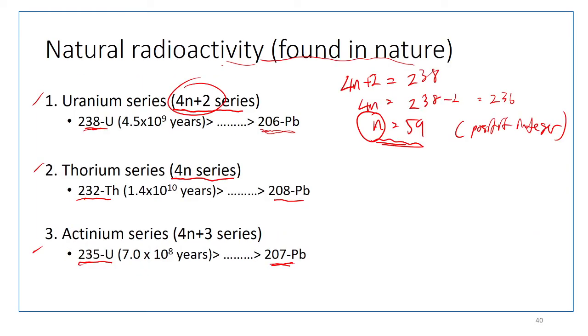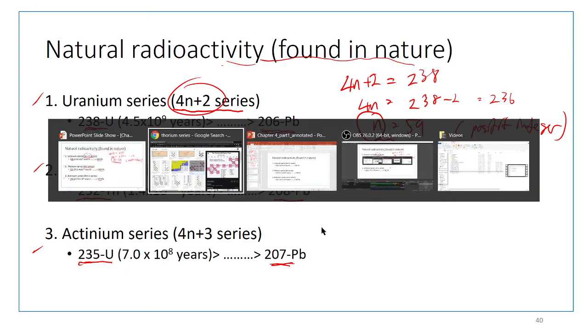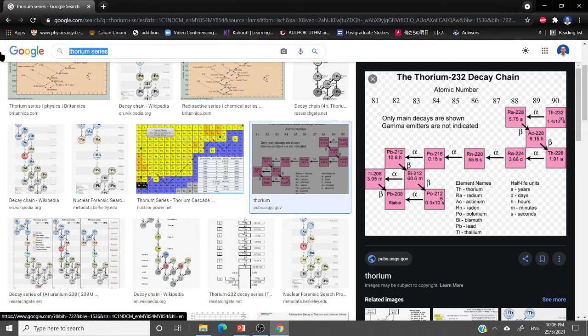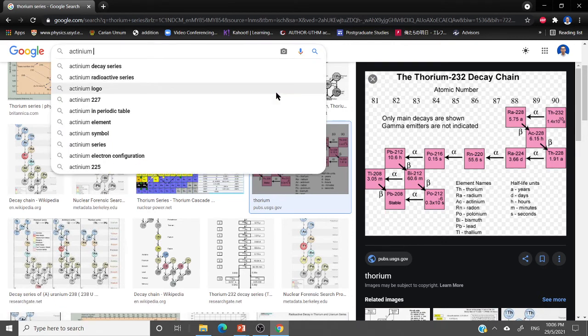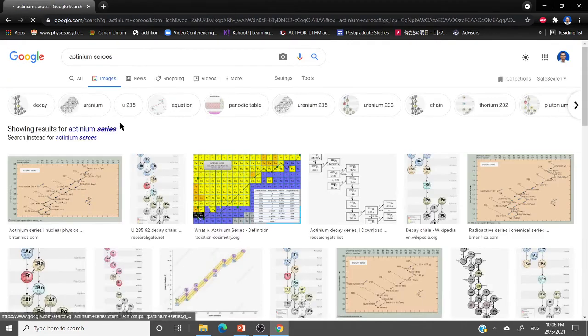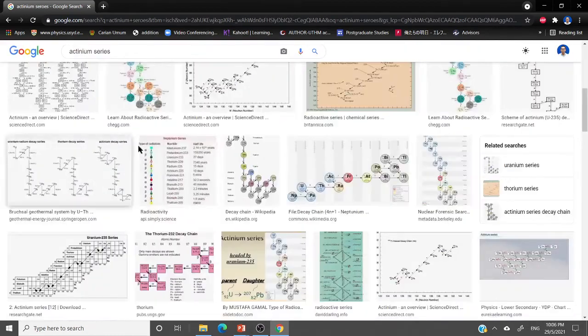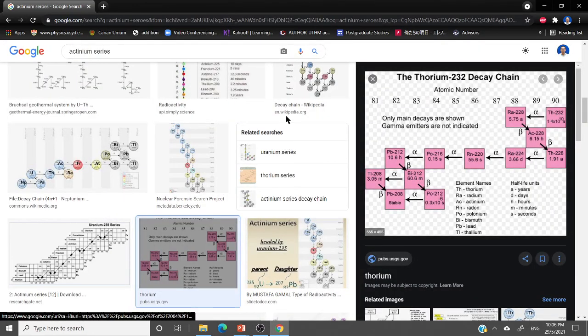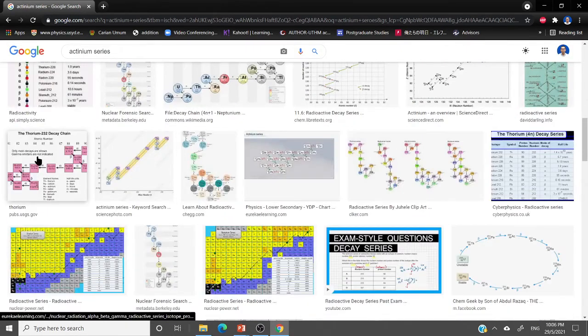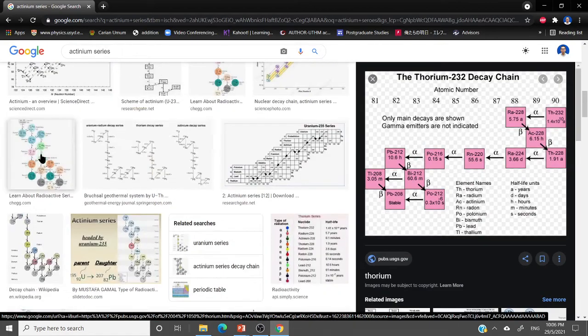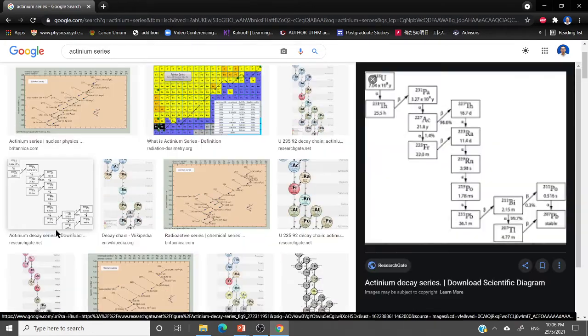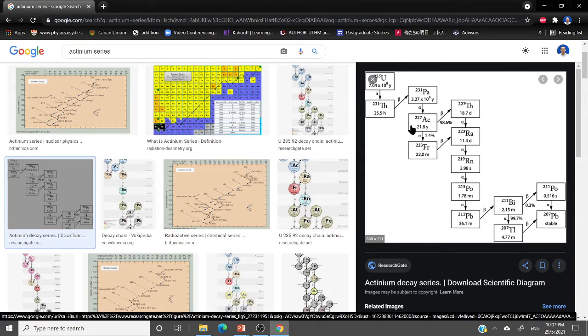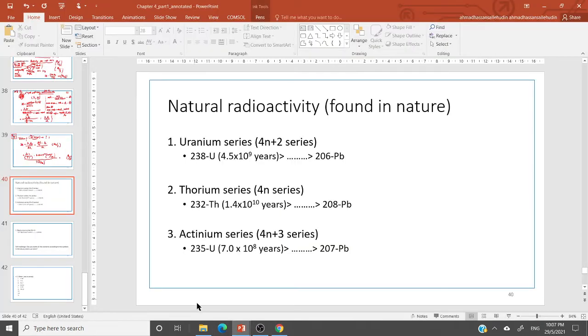Okay, let's check the actinium series. The actinium series should start with uranium 235. So let's see polonium 215.